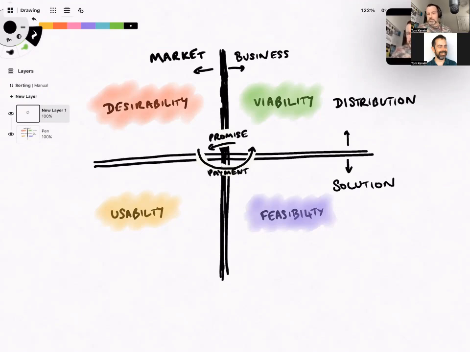Now, a lot of product teams, and I certainly saw this in lots and lots of companies, we kind of ignore this desirability bit and we ignore the promise a little bit. And where a lot of teams really get stuck is in this little space here, where we're stuck in this thing of what can we have? When can we have it?